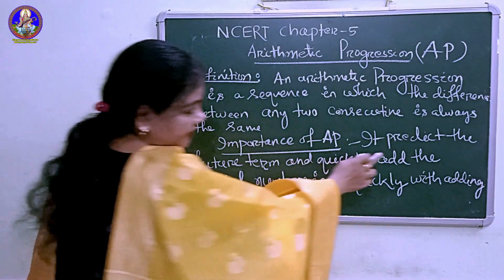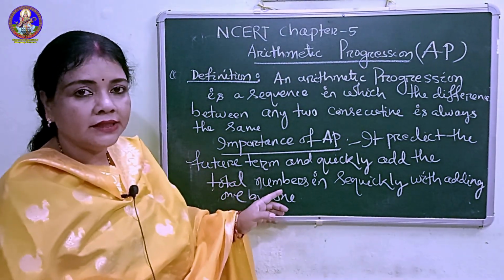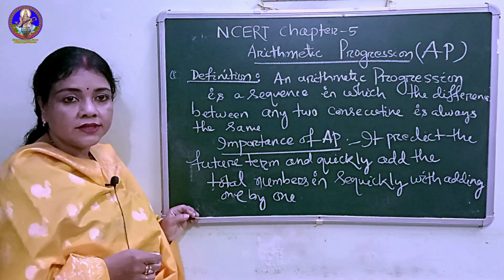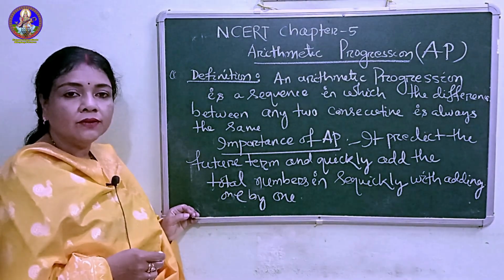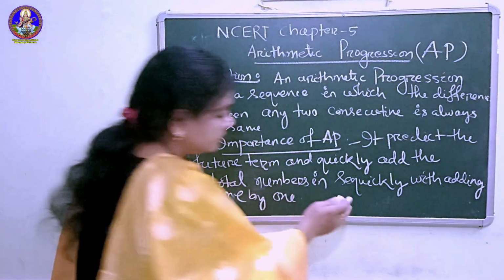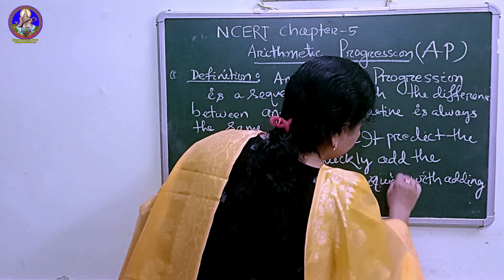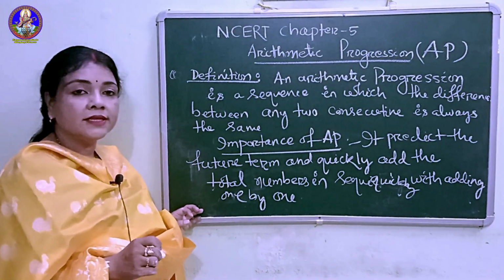So it can predict the future term and add the total numbers in the sequence quickly, without adding one by one. That's why we are using AP.